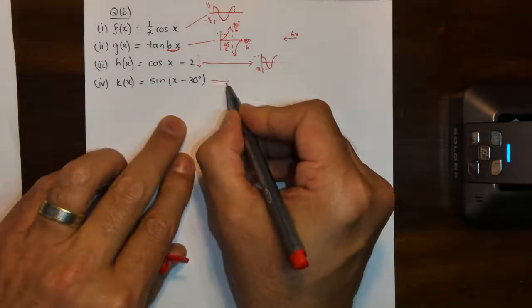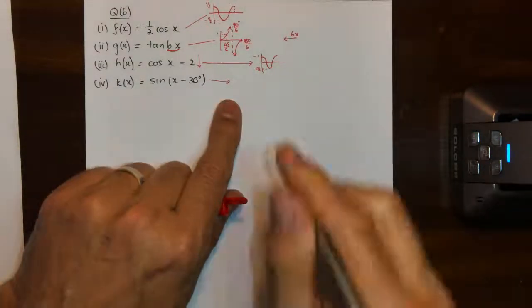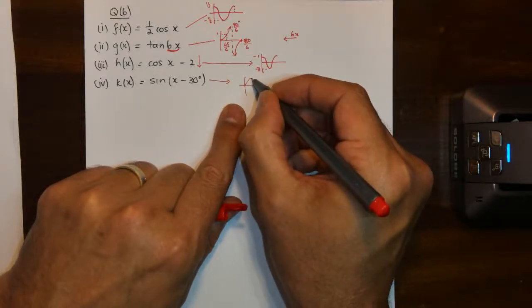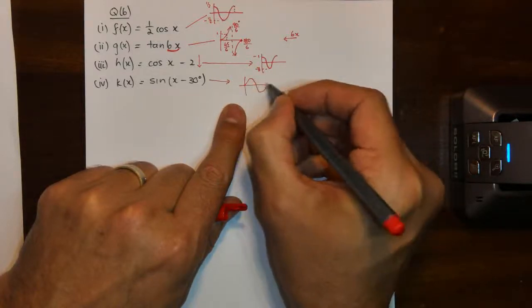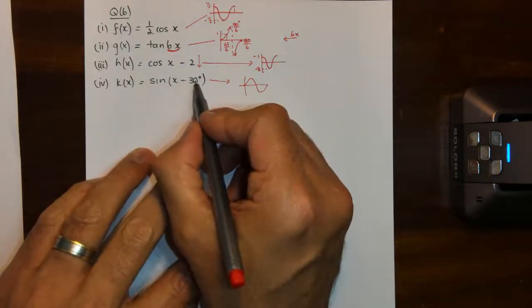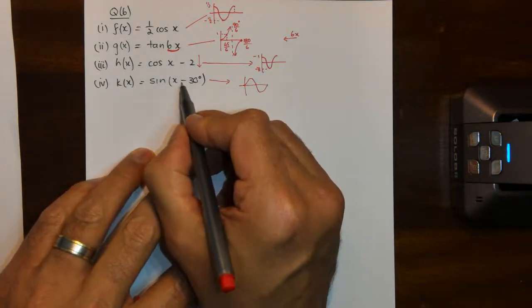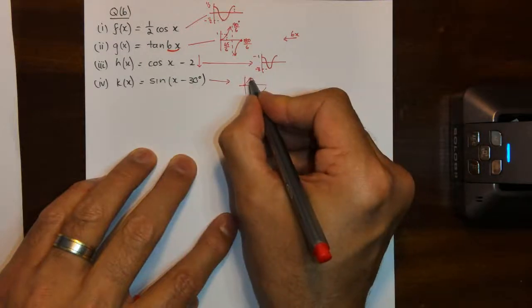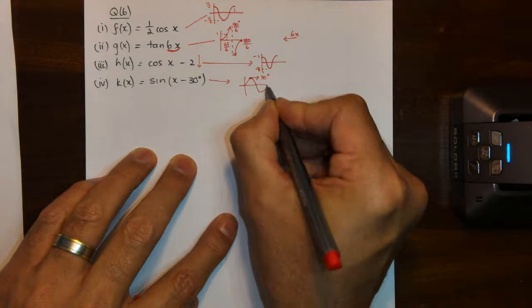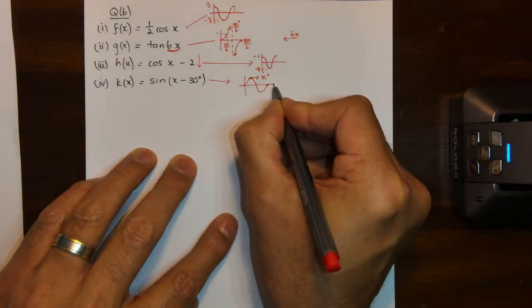The third one is an interesting one. It's your sine graph, which you have a mental image of. It does that, 0, 180, 360. And I'm minusing 30, which means if I minus in the equation, every x point is going to move 30 degrees to the right.